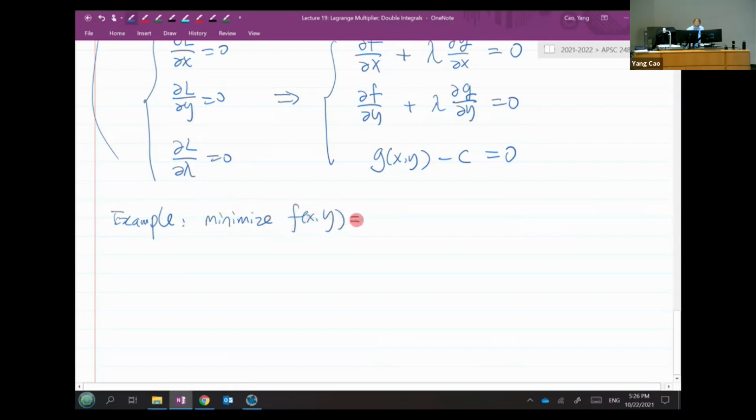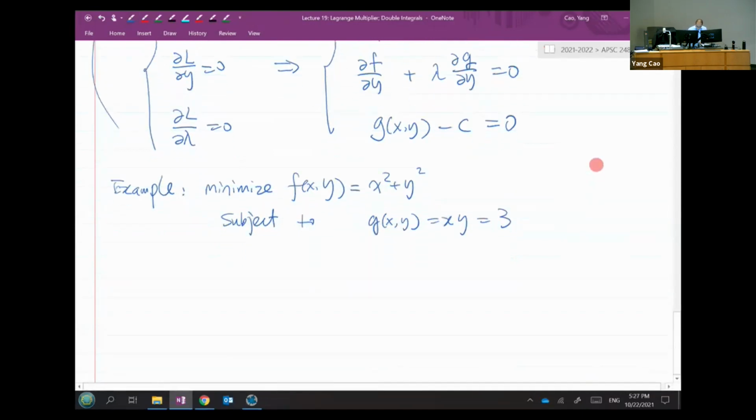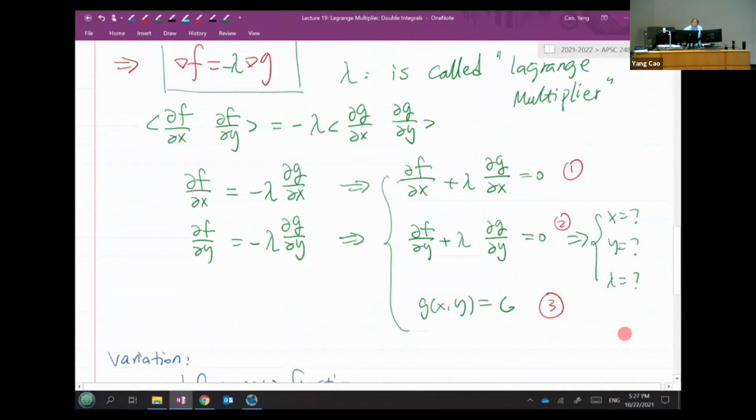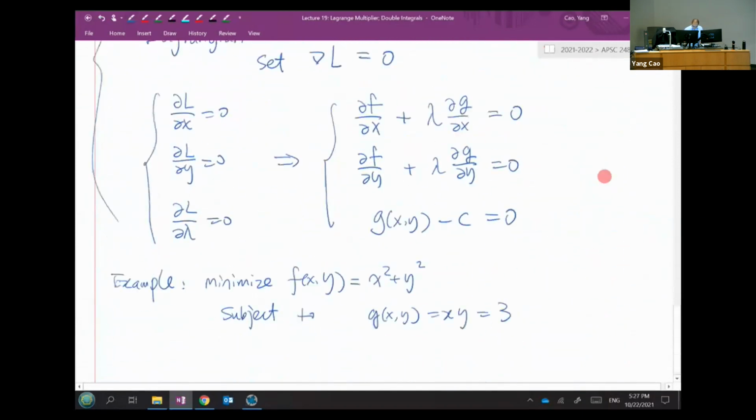All right, so let's minimize this function subject to g of x, y equal to xy equal to 3. So let's do this one. I'm going to strictly follow these 3 equations here.